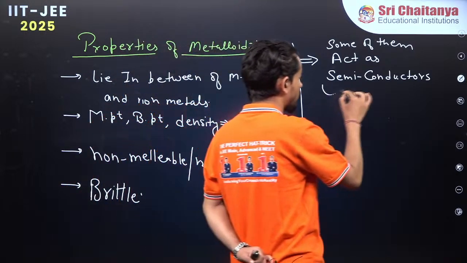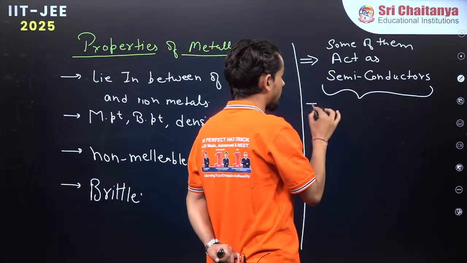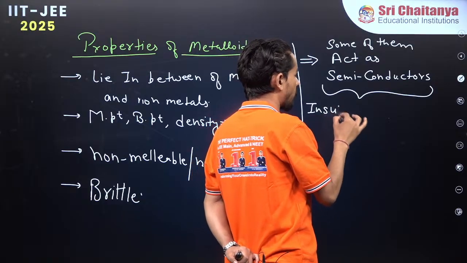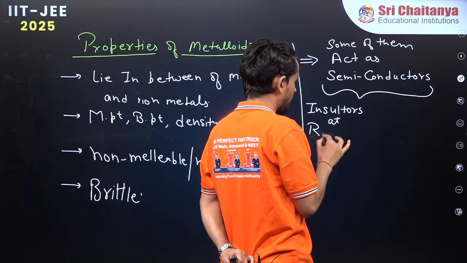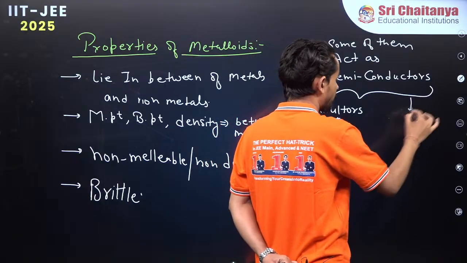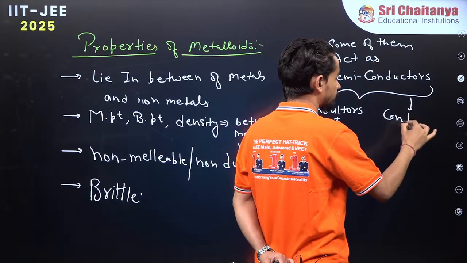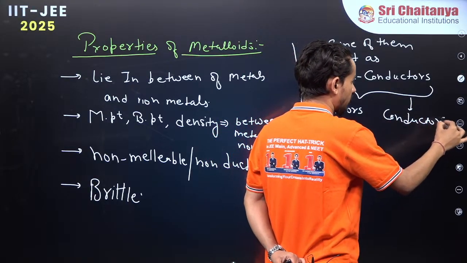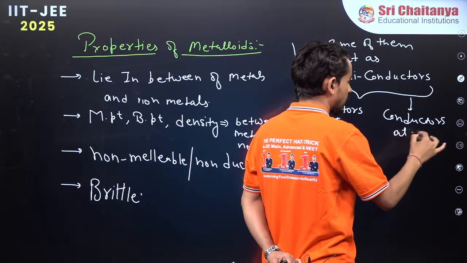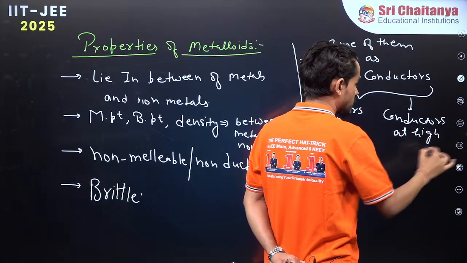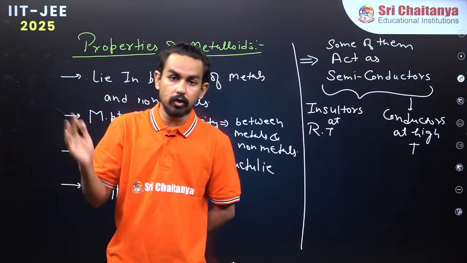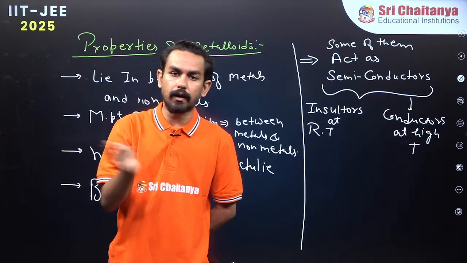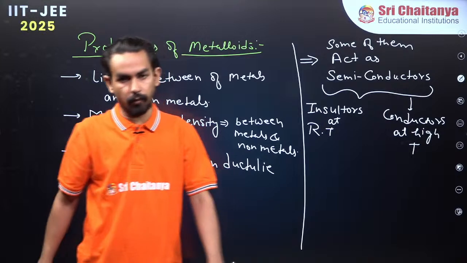What we have to know about this is, they are insulators or non-conductors of electricity at room temperature, but they become conductors at high temperature. So as soon as temperature becomes high, they change from insulators to conductors. They start conducting electricity, and that is a very important thing.